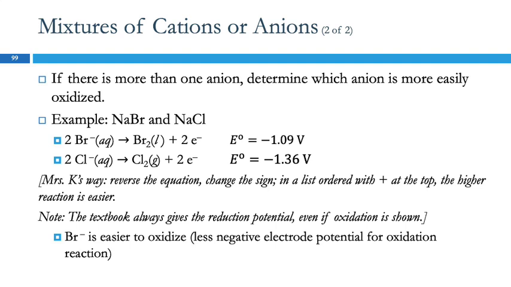If there's more than one anion, then you're looking at which one of those is more easily oxidized. So here we have oxidation half reactions. The textbook's always going to give you the reduction potential, even if you're doing the oxidation.